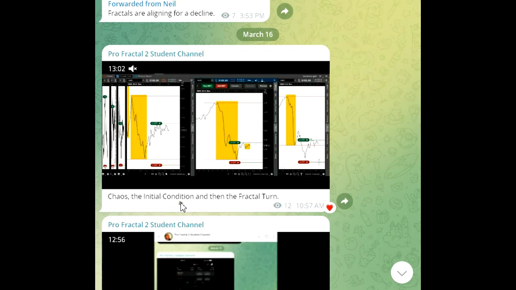But the truth of the matter is that the top will end on a rally to the fractal. So again, the fractals will resolve that chaos, i.e., the initial condition is going up, a fractal appears, and it goes down. We don't know until another fractal appears. Then the initial condition going down will go back up again.